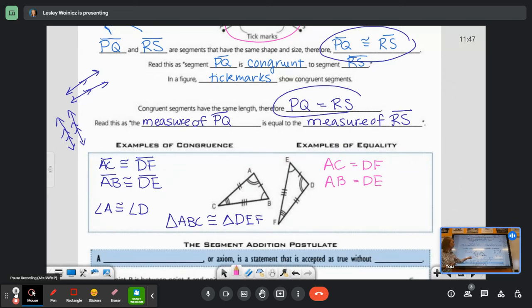The measure of angle A is equal to the measure of angle D. The only one we can't do is say that two triangles are equal, because are we going to measure that in inches, or in degrees? We don't have a way to measure degrees and inches at the same time. It doesn't exist. Questions?